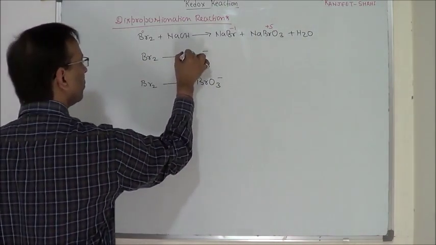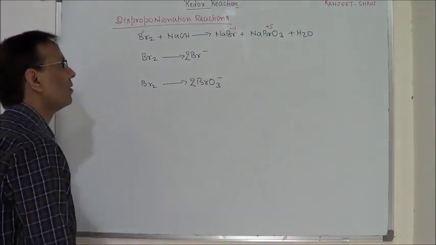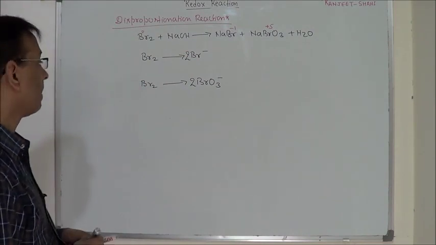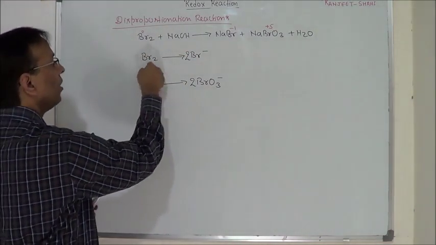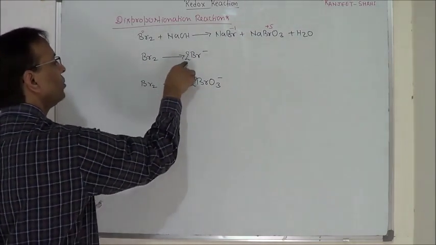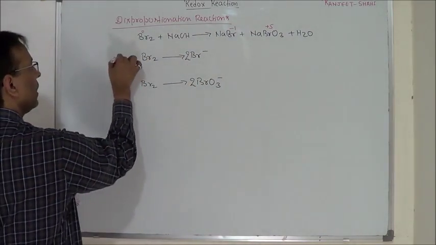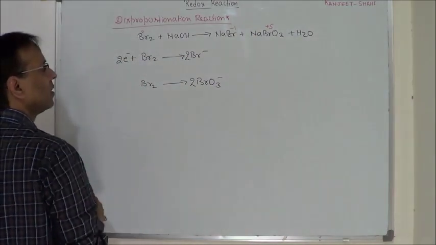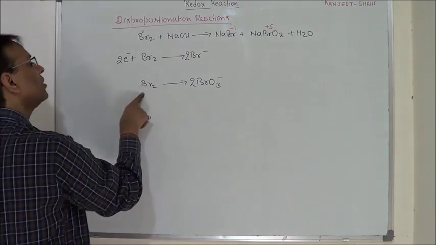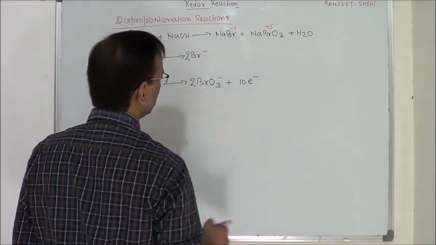So Br2 giving 2Br minus, Br2 giving 2BrO3 minus. Change in oxidation number: 0, and for 1 unit 2 Br will be considered here. So 2 into -1, -2. So 0 to -2 reduction, gain of 2 electrons. Plus 5 on 1 bromine, so on 2 bromine plus 10, oxidation, 0 to plus 10, loss of 10 electrons.